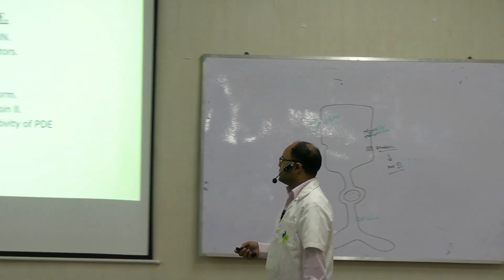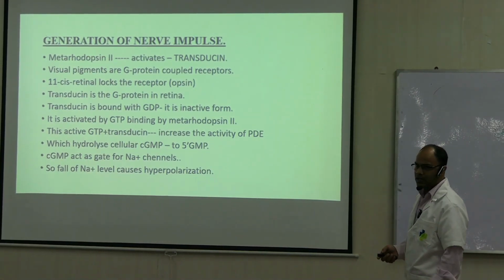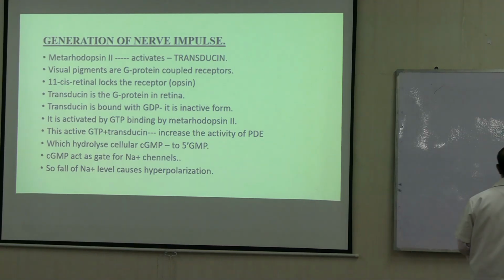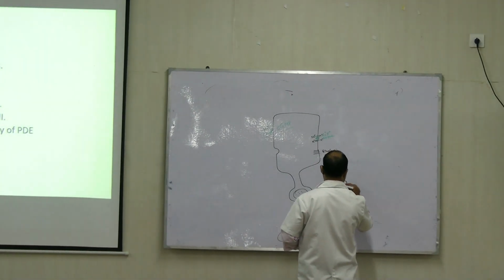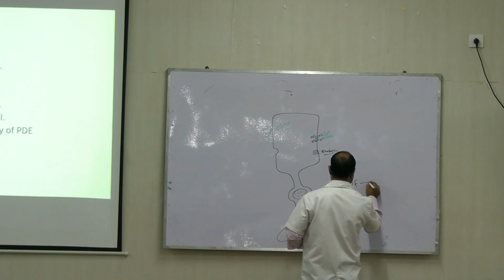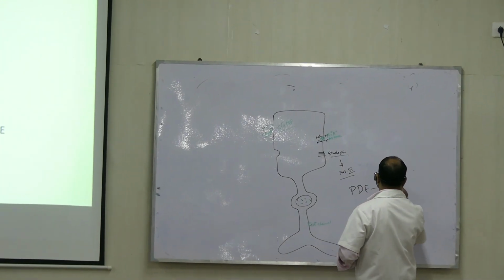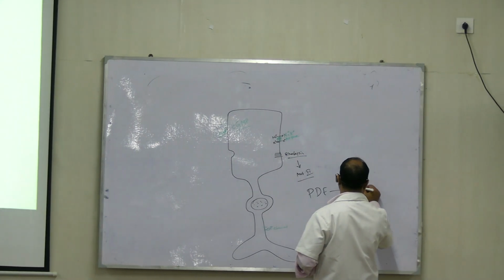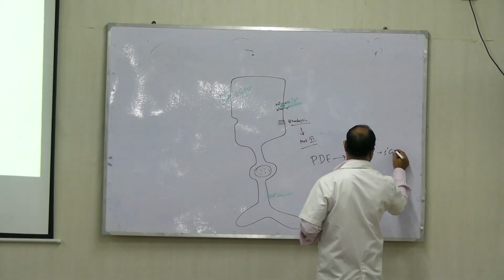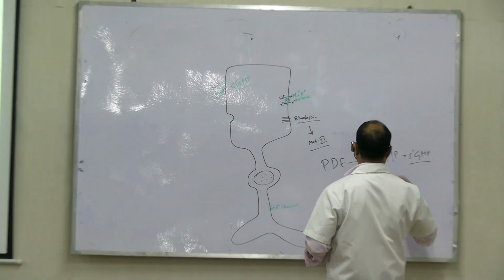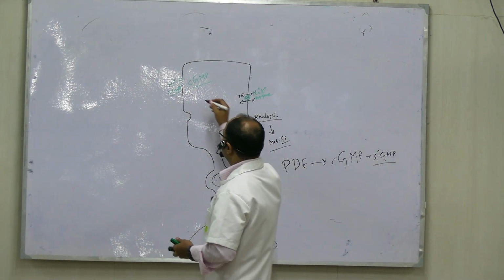Okay. This active GTP transducin increases the activity of phosphodiesterase enzyme. This PDE, phosphodiesterase enzyme, breaks down cGMP into 5' GMP. So by this way, the intracellular cyclic GMP level decreases.